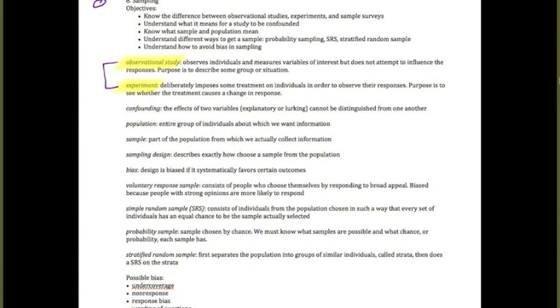Often in an observational study, we may have what's called confounding. Confounding is when there's more than one variable that may be affecting the outcome. We talked in the first unit about lurking variables, these things that are happening kind of behind the scenes. On the test it asked what could be a lurking variable in terms of why somebody would do better the second time they take an SAT than the first time.